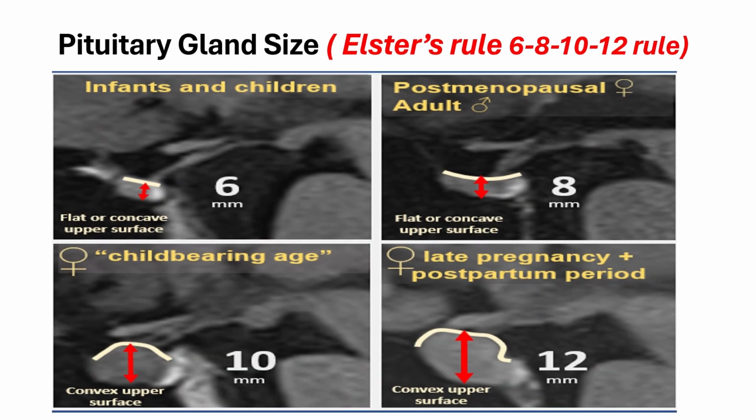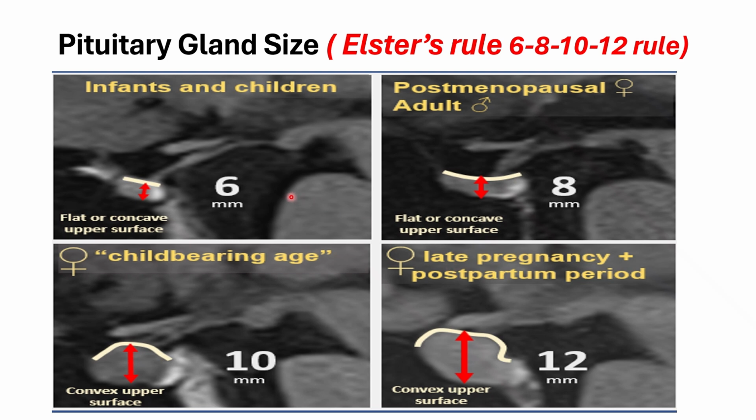Now the size of the pituitary gland. It varies depending on age. Infants and children have a 6 mm size, whereas postmenopausal women and adult men have an 8 mm size, and childbearing age women have a 10 mm size, whereas late pregnancy and the postpartum period show a 12 mm pituitary gland size.